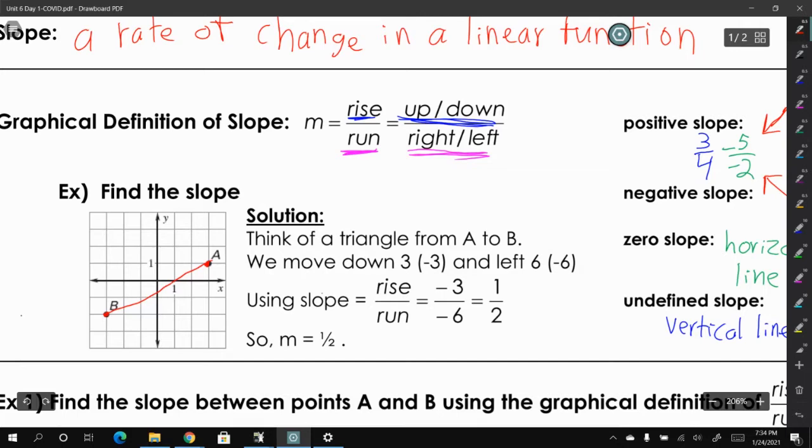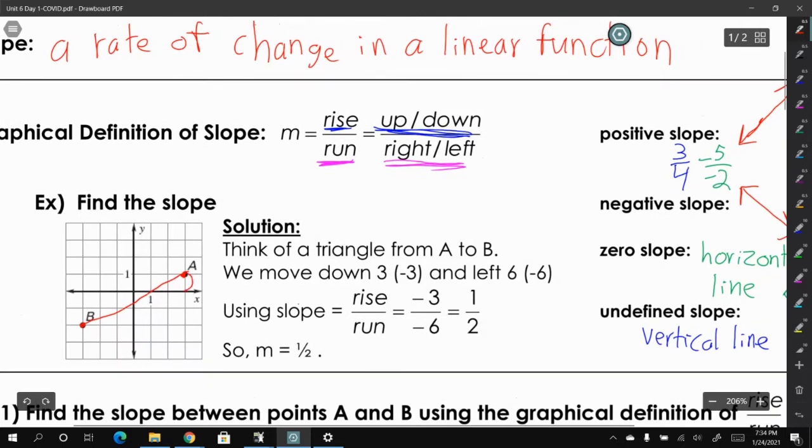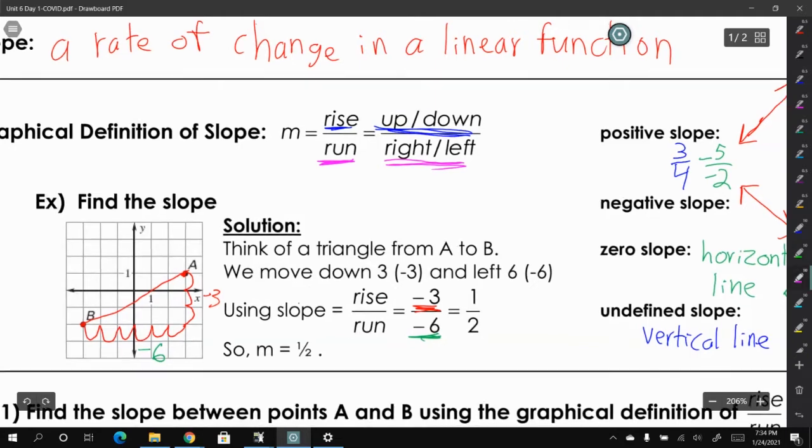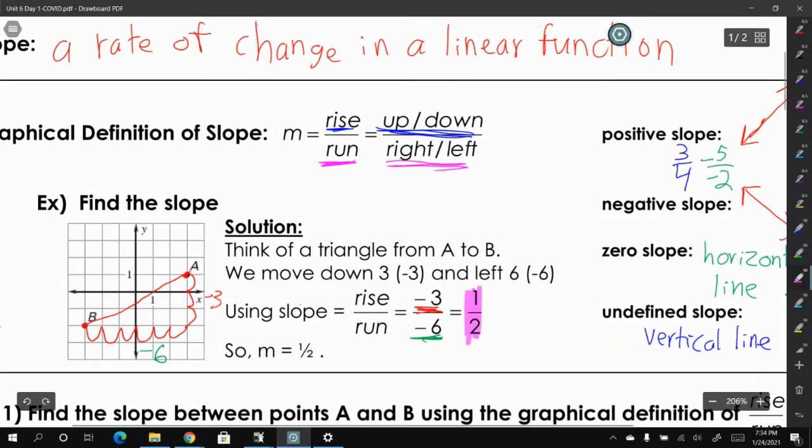So if we're going from A to B, we're going down 3 and back 1, 2, 3, 4, 5, 6. So you went down 3. That's where this comes from. And left 6, so that's where this negative 6 comes from. And when you simplify that fraction, you get 1/2.